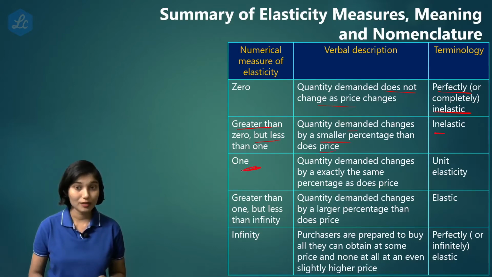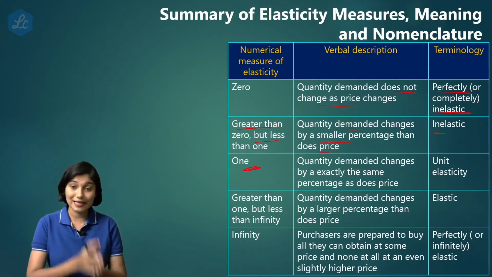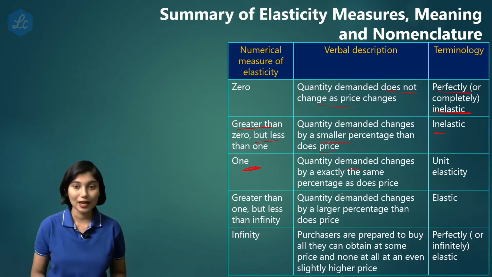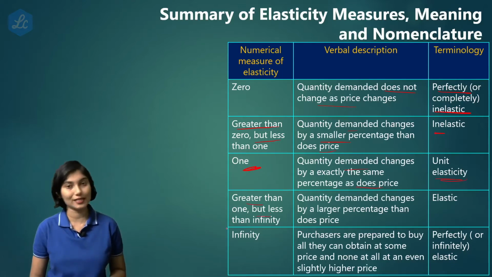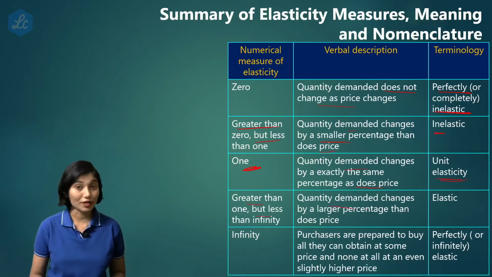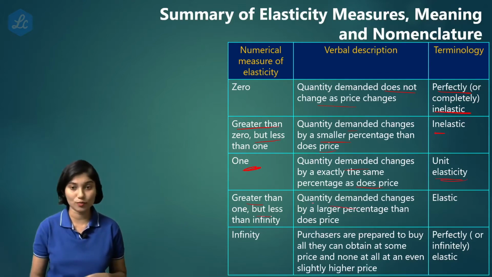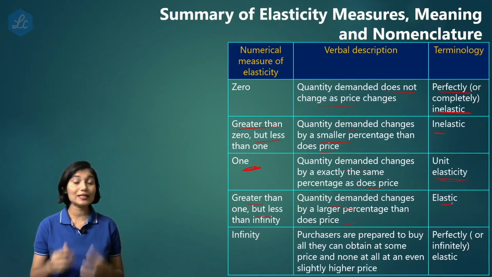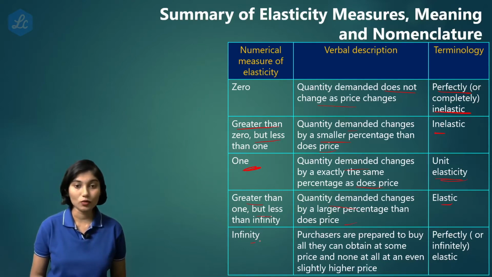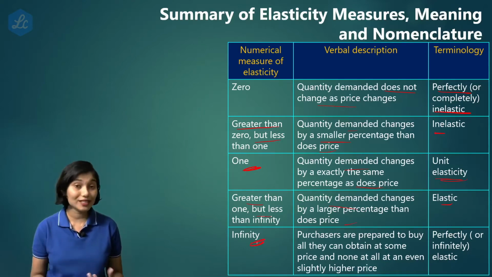When is it 1? When the percentage change in quantity demanded is exactly the same as the percentage change in the price. Then it is called unitary elastic. When it is greater than 1 but less than infinity, the quantity demanded is changing by a larger percentage than the change in price, and it is called elastic. Now, when is it infinite?